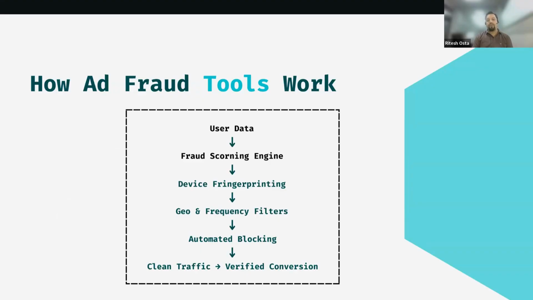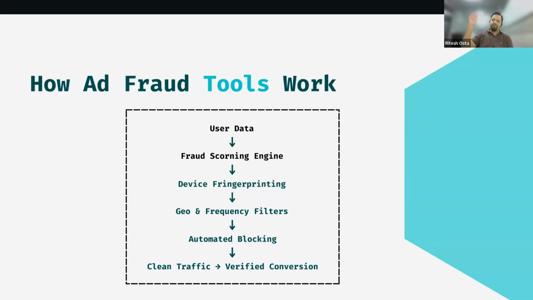So, user data fraud scoring engine. There are engines which are designed to score the fraud. If the score crosses a certain number, then it will flag that user data as fraud data. Then also device fingerprinting. It will check the device, the geo and frequency filters, and then it will do automated blocking.